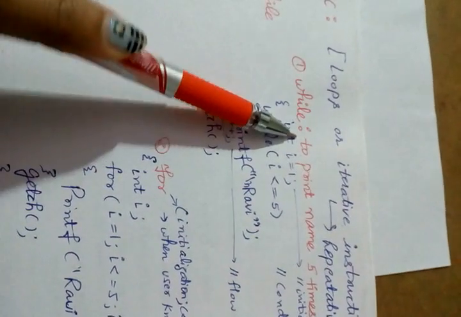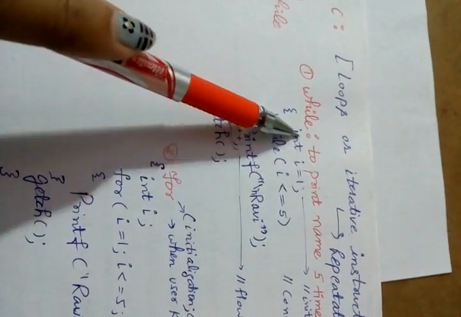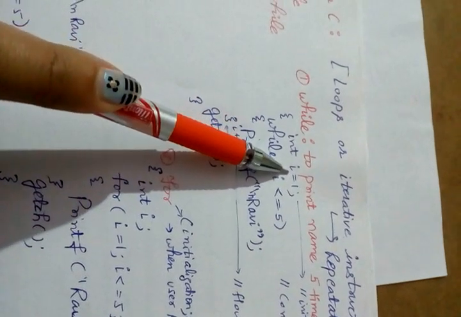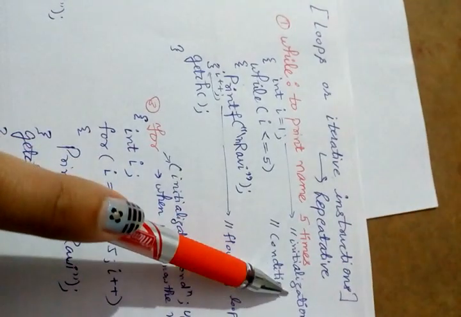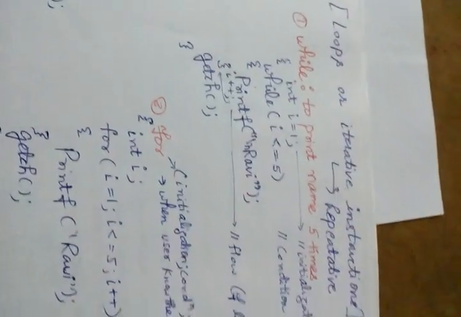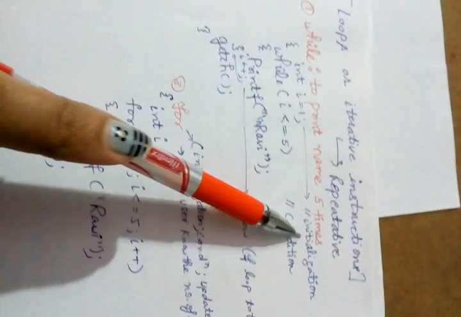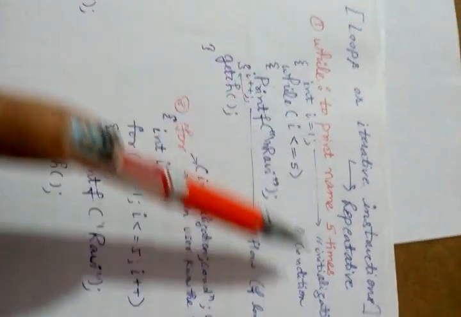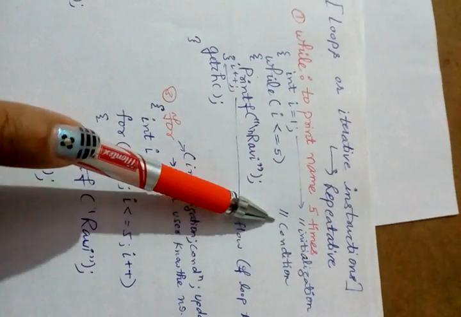So what happens in case of while? First I have taken an int variable i, which I have initialized as equal to 1. So initialization is the first part of any loop. After that I have given some condition.